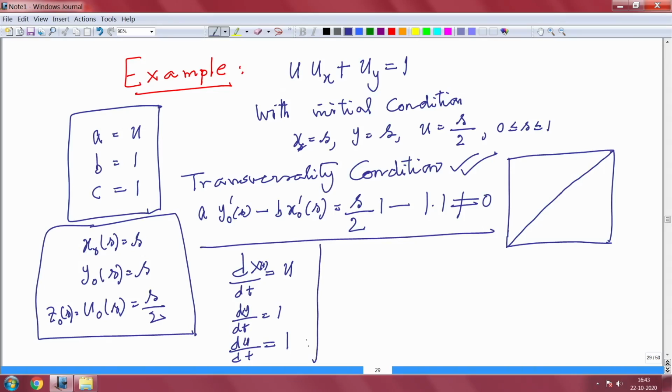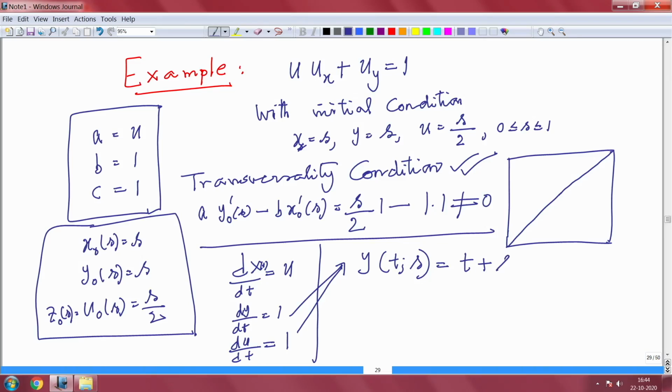So, what will you do? You can solve these two equations directly, right. That is easy to solve. What do you get? If you solve it, your y(t,s) will become, if you integrate this one, t plus a constant, but y at 0 is equal to y naught of s, so that is equal to s.